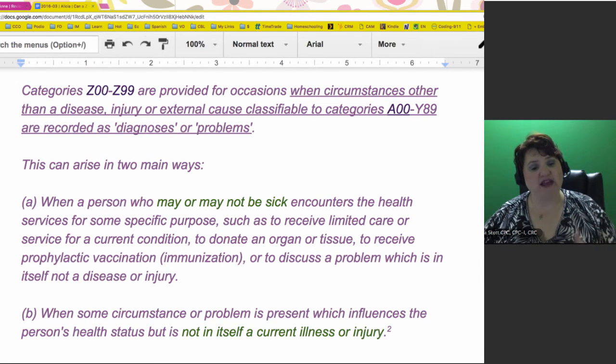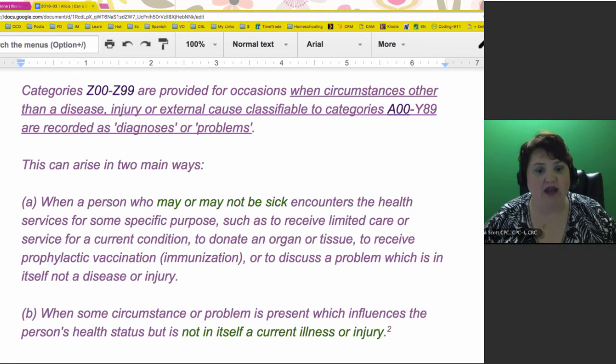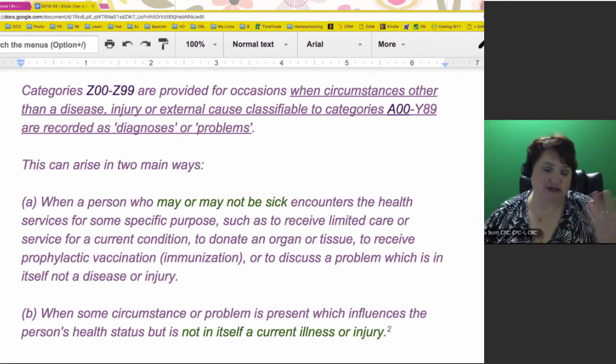And then the second part of that would be when some circumstance or problem is present which influences the person's health, but is not in itself currently an illness or injury. And again, that's the pregnancy. Again, this is straight out of the guidelines, and that's all listed in Find a Code. I believe that's about it.